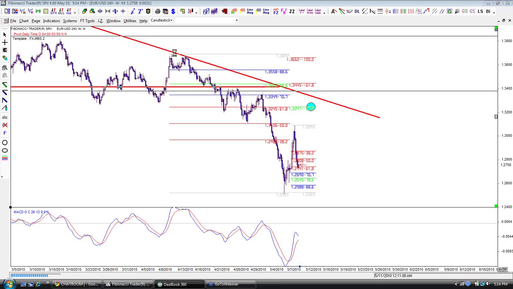This is our downtrend line. This is a long-term downtrend line. There is also this horizontal line that we see, which is past support becoming resistance.